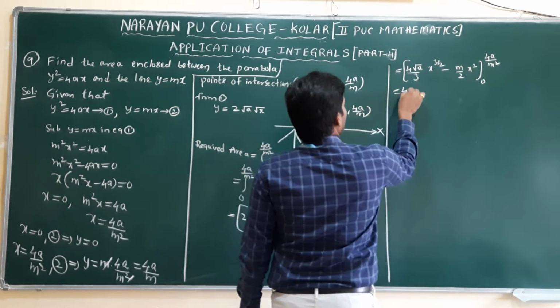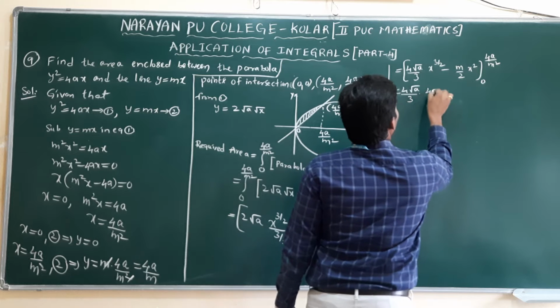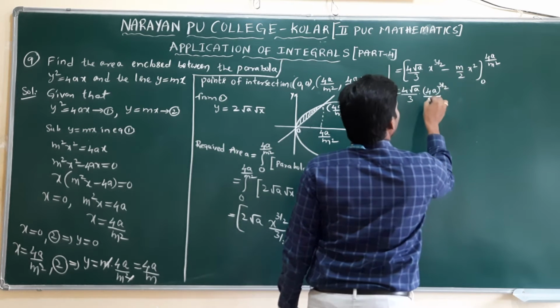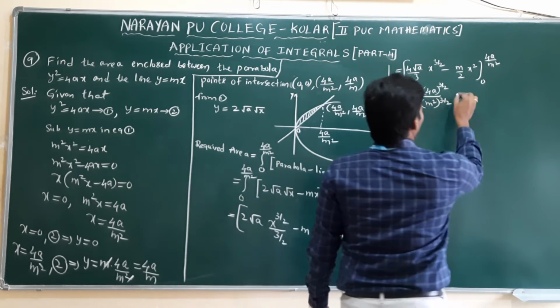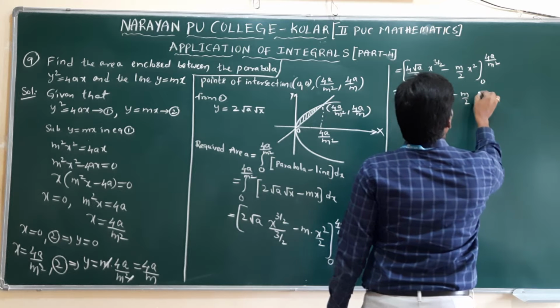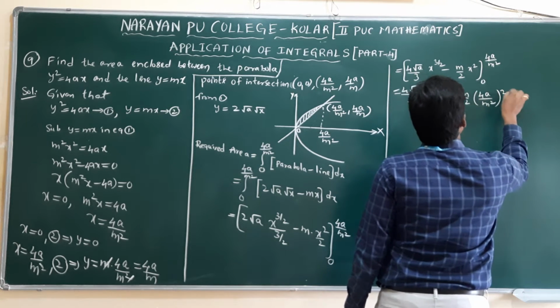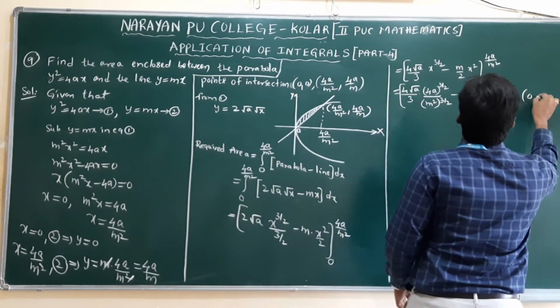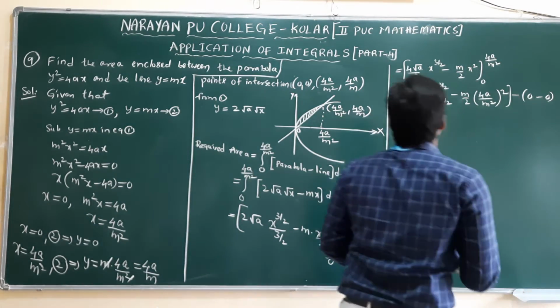Now substitute the upper limit. 4 root a by 3 into 4a whole power 3 by 2, applying the power individually, m square whole power 3 by 2, minus m by 2 into, for this, the whole square I can do directly. For the lower limit 0, 0 only will come because both values become 0.